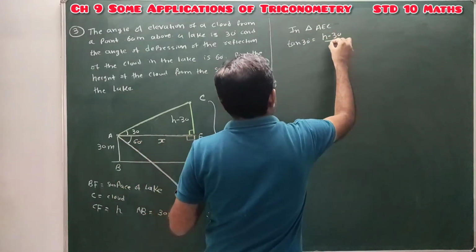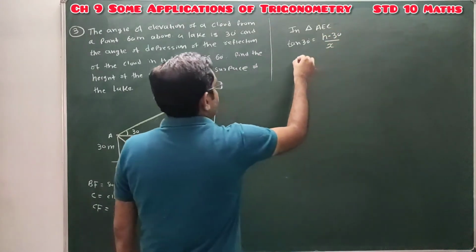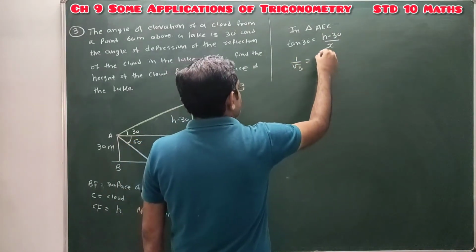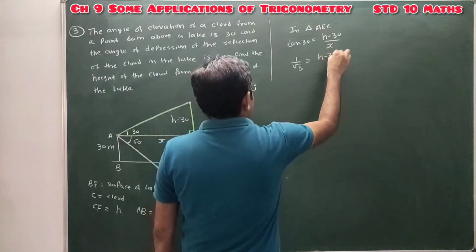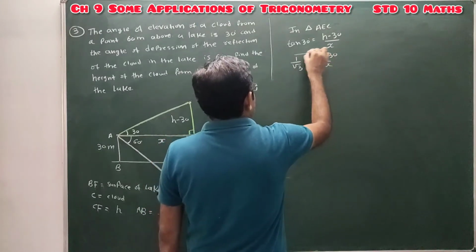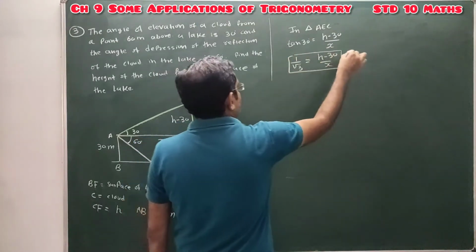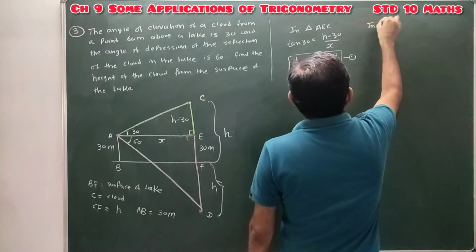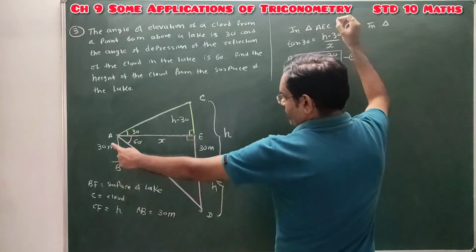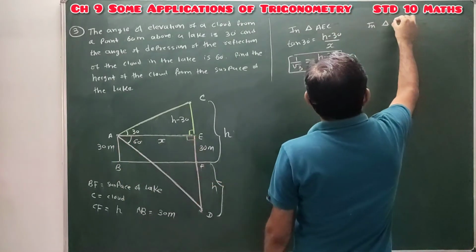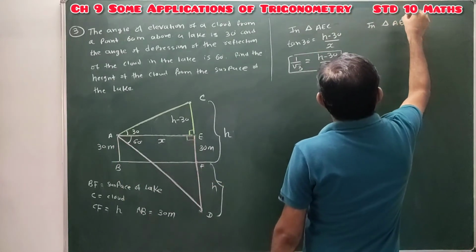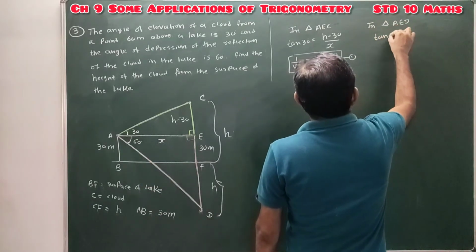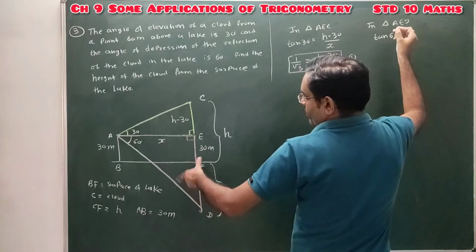upon this length x. Tan 30 is 1 upon root 3, so 1 upon root 3 equal to h minus 30 upon x. Say this one as result number 1. Now second triangle, in triangle AED we can apply tan 60 equal to opposite side by adjacent side.